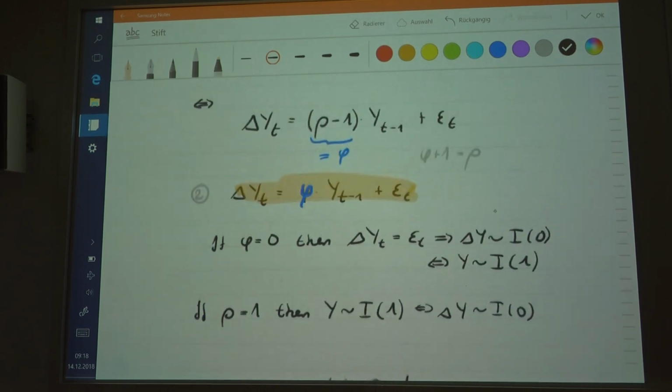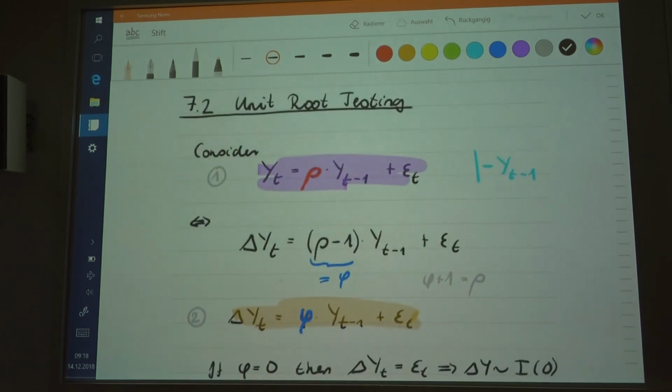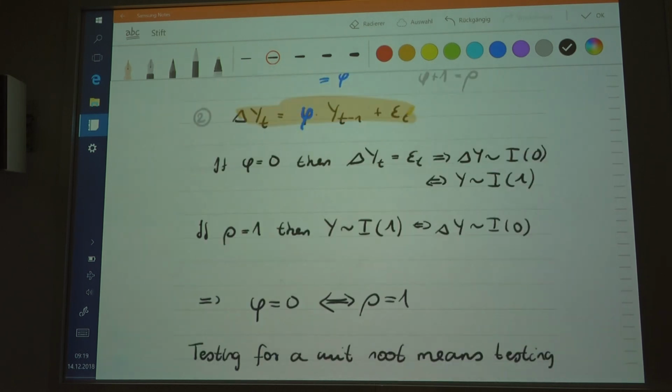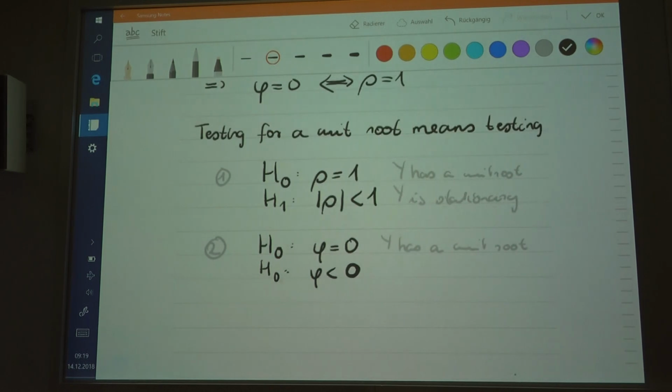So again, if the absolute value of rho is less than 1, then it's equivalent to the fact that phi is less than 0. So you just have a one-sided test, not a two-sided test. Meaning that y is stationary.